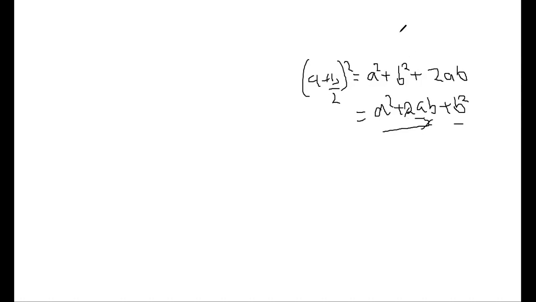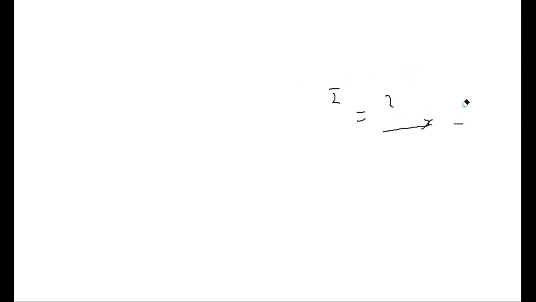Now, let's go to the equation and try to solve some equations. For example, we're going to come up with the example x squared plus 3x minus 4 is equal to 0.